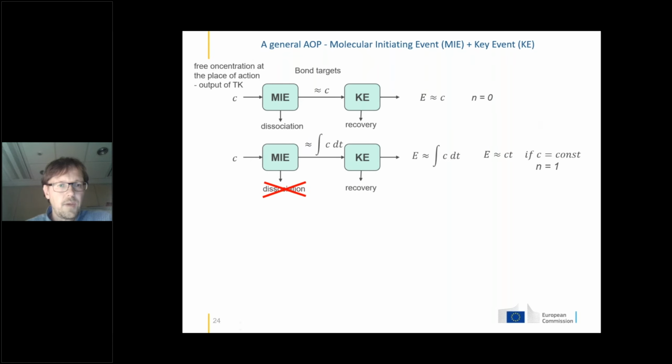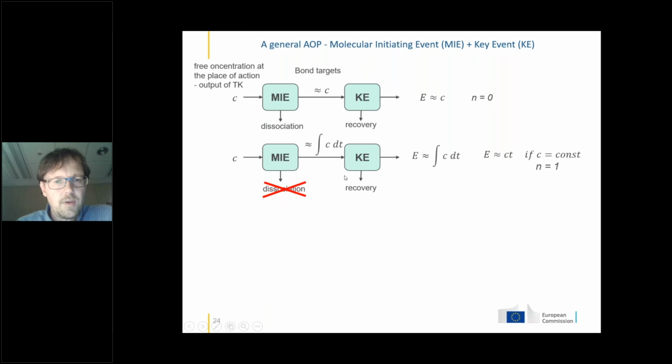Then if we suppose another case, if the molecular initiating event is permanent, so there is no way for dissociation, then you need to integrate your concentration which launches the molecular initiating event over time. And this becomes the input for the key event.